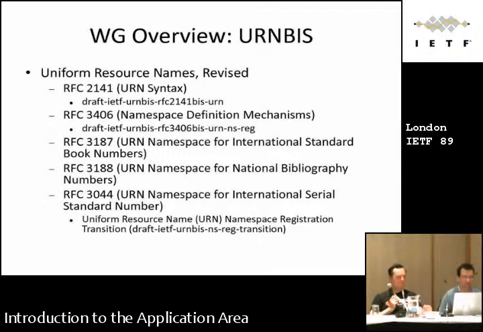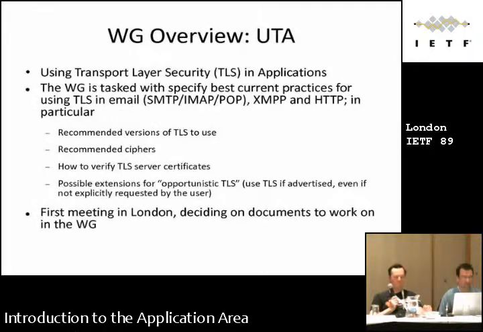UTA. UTA stands for Use of TLS for Applications. Its initial task is to define best current practices for how exactly TLS should be used by email, XMPP, and HTTP.